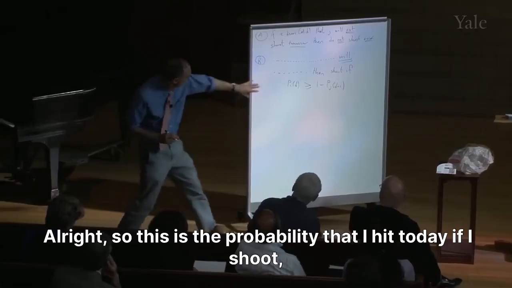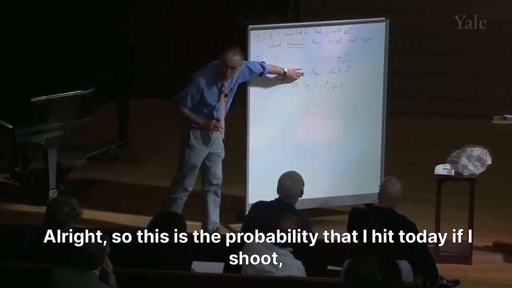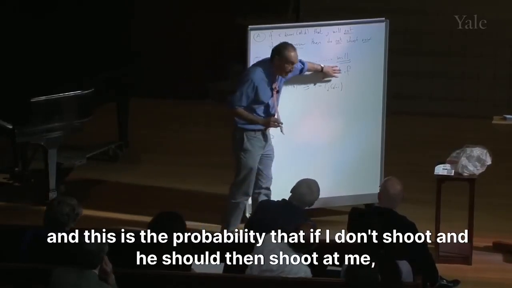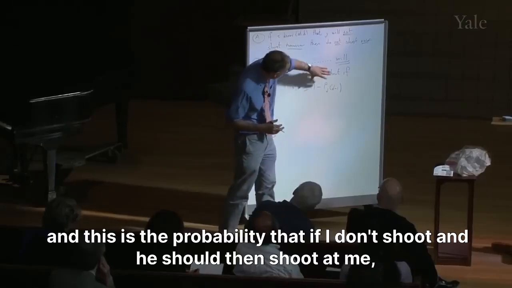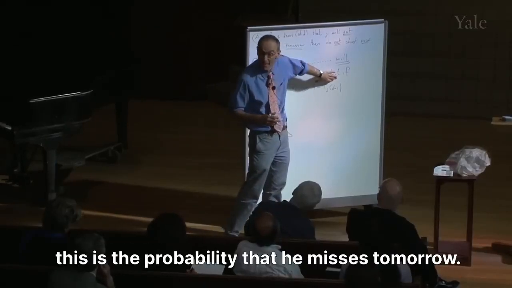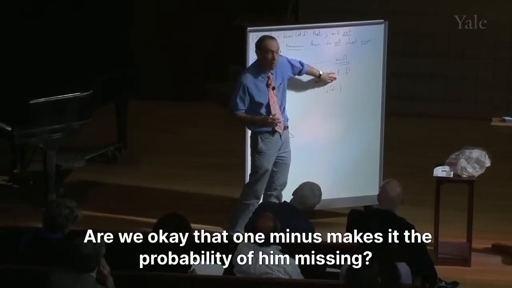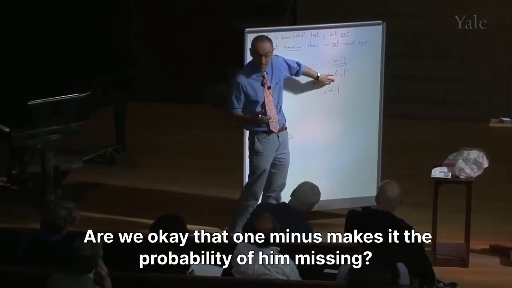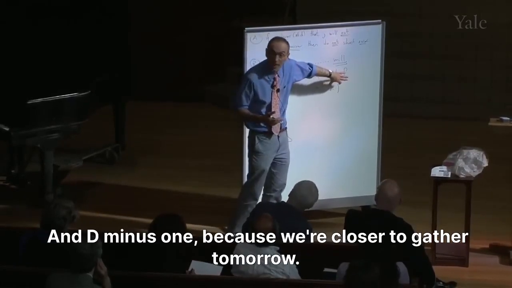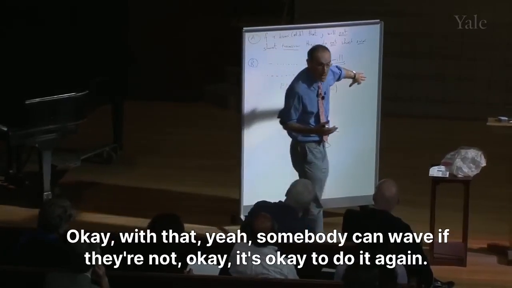So this is the probability that I hit today if I shoot. And this is the probability that if I wait, and he then shoots at me, he misses tomorrow. Everyone okay that 1 minus makes it the probability of him missing, and D minus 1 because we're closer together tomorrow? All right, everyone okay with that?